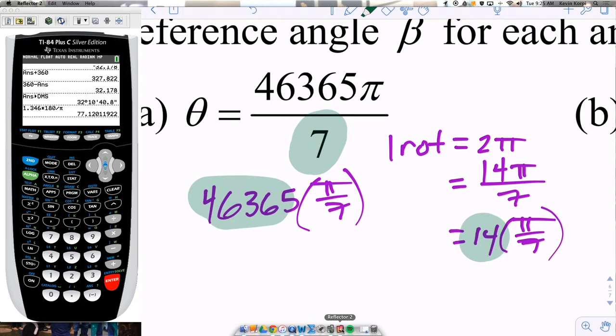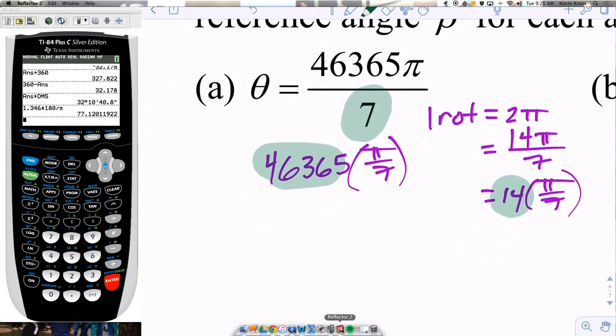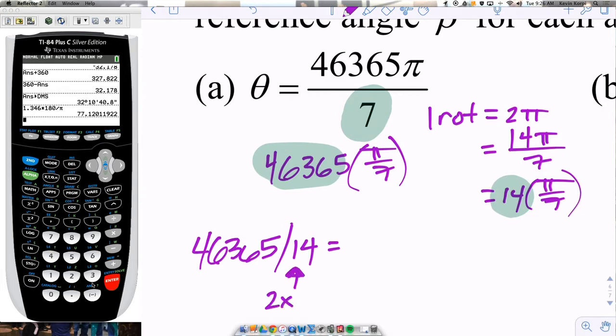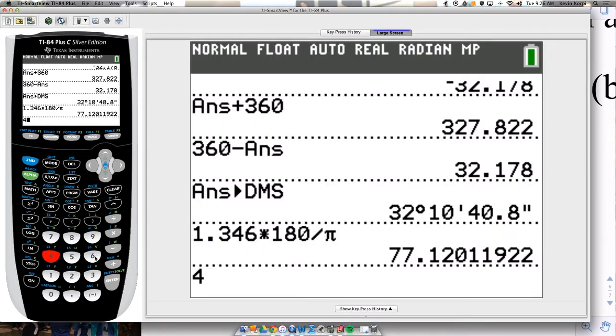I don't need to worry about the pi sevenths part. So here's what we're going to do in general. We're going to take the numerator, 46365, and we're going to divide it by, not the denominator, but twice the denominator, because that's going to tell us how many of those partitions, in this case pi sevenths, are in one rotation. So the numerator divided by 2 times the denominator. And it should give us the same result in terms of the number of rotations.